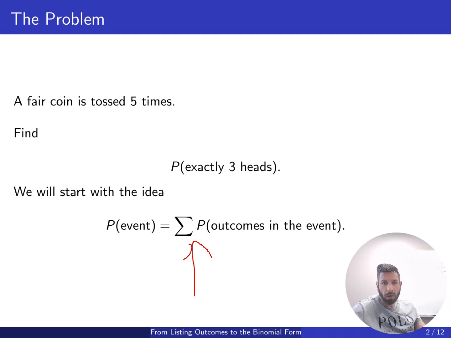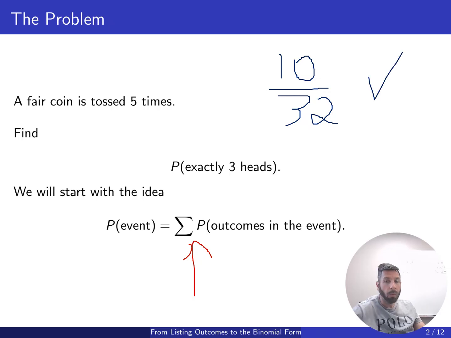It's one you can solve quite quickly if you know what you're doing, and the probability would be 10 divided by 32. Maybe you already know that, and if you do, great, but the point of this video is not to solve this problem. It's to show you that this problem is a special case of all kinds of other very important problems.